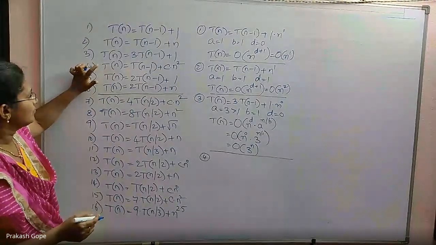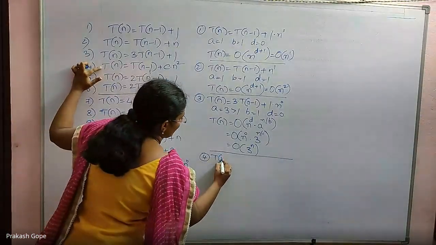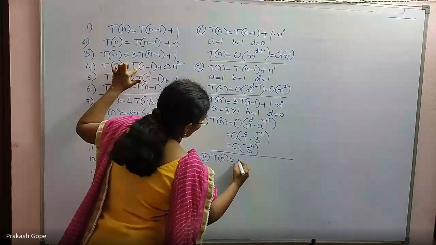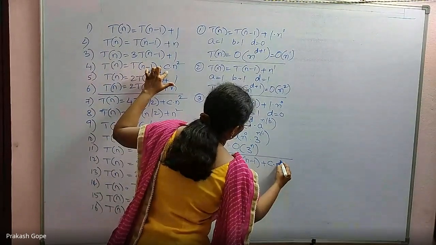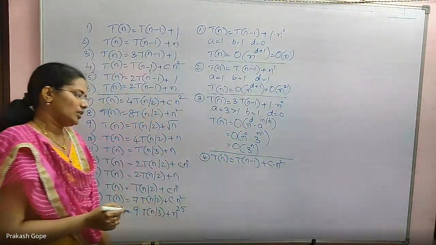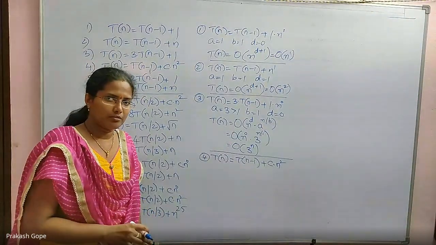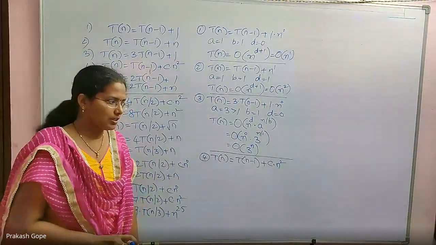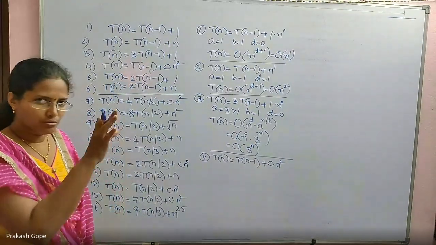Fourth question. T of n is equal to T of n minus 1 plus c into n square. See, if you do not remember Master's theorem, then nothing can be done. You must remember Master's theorem. If you want 2 minutes time, please take your time and go through the theorem.